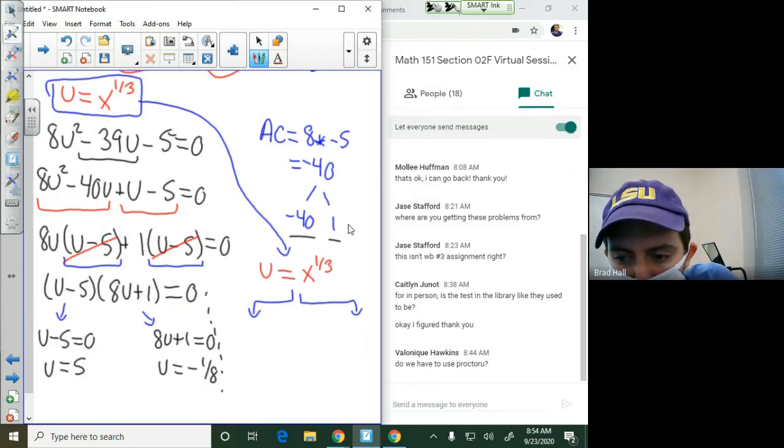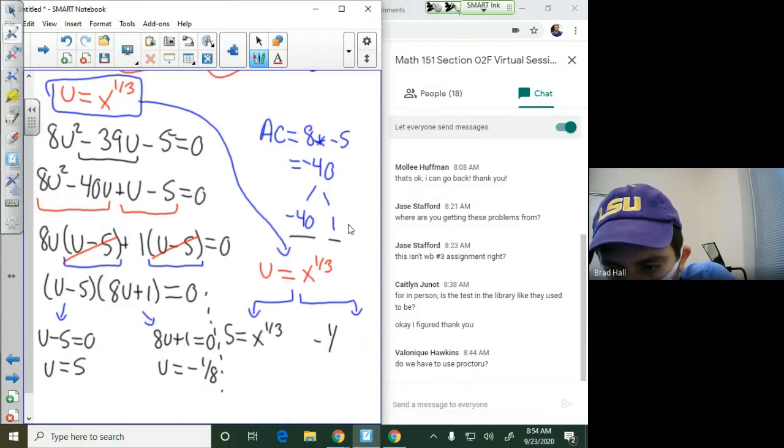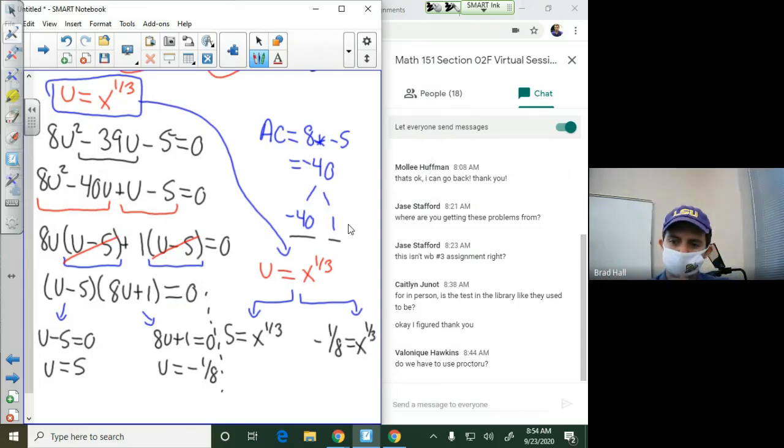So one of the u values is 5. The other one is negative 1 over 8. Now the question is, to get x by itself, you need to get rid of that 1 over 3 power.